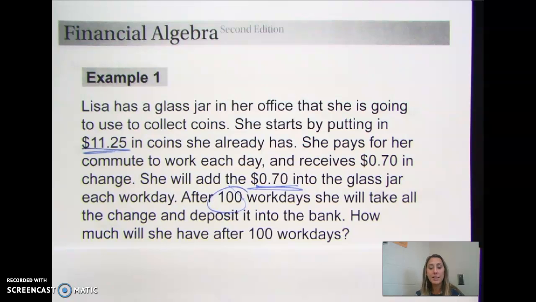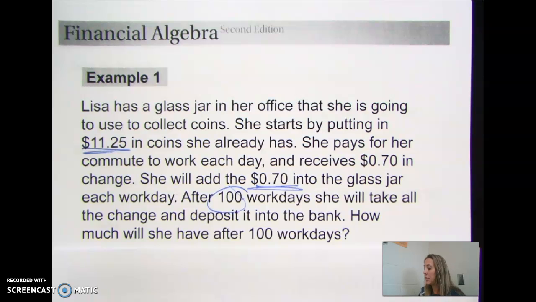Okay, so we're going to practice by using this example of a person named Lisa who's going to use a glass jar in her office to collect coins. She's going to start by putting $11.25 into that jar, and then every day she's going to add 70 cents. We want to find how much money she would have after 100 work days.